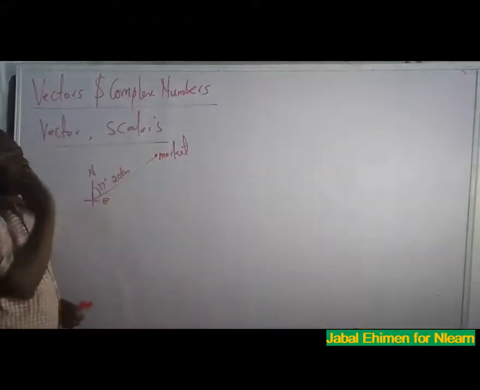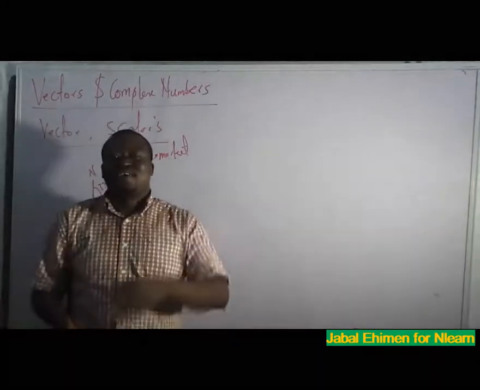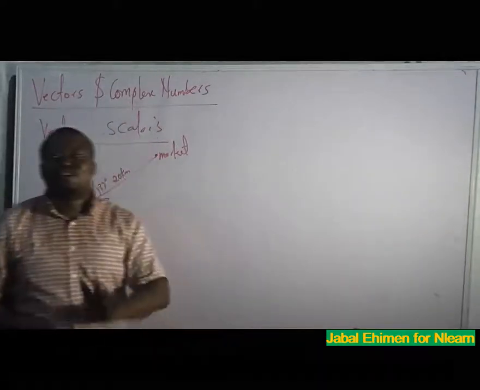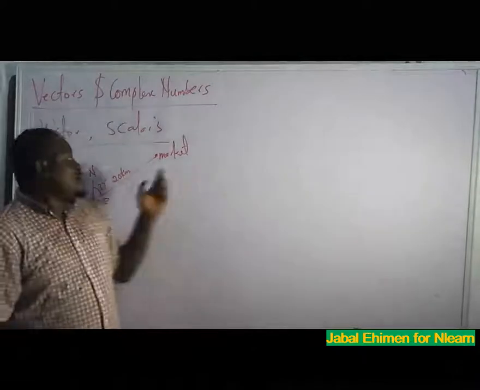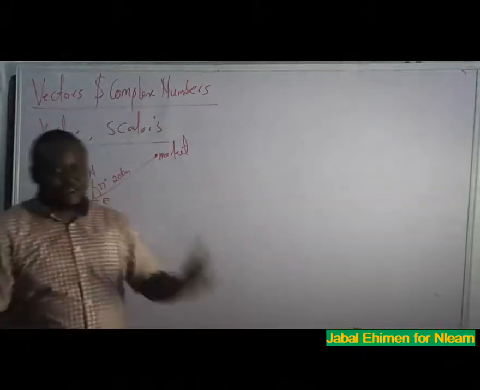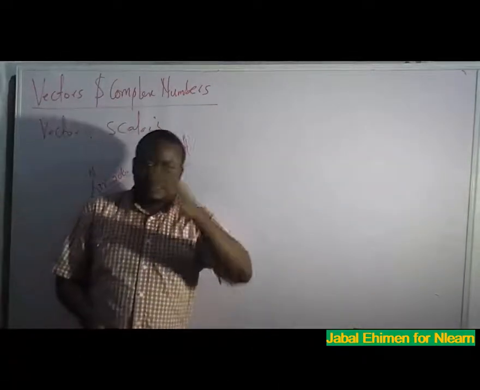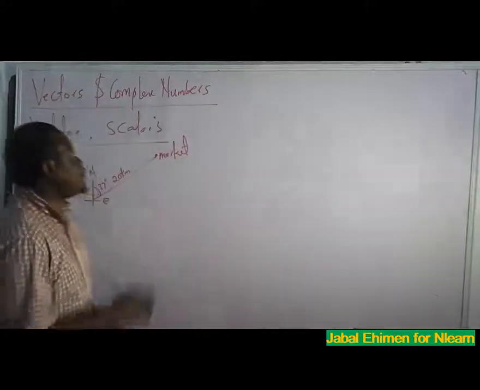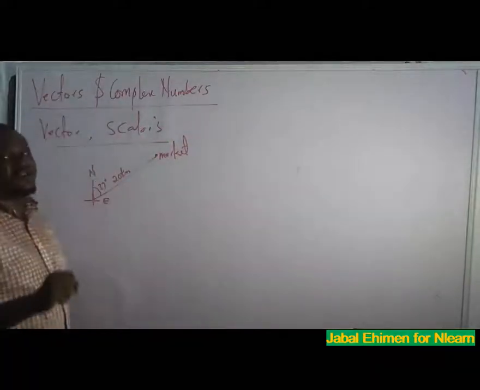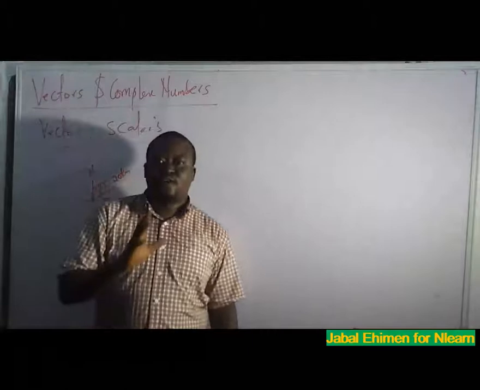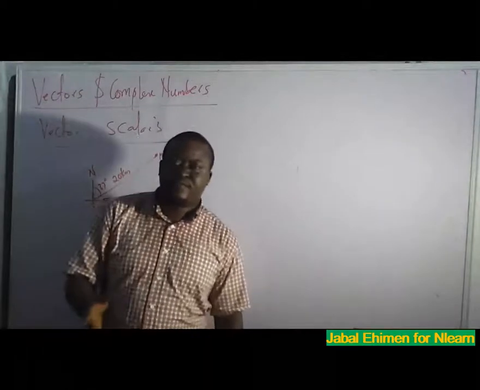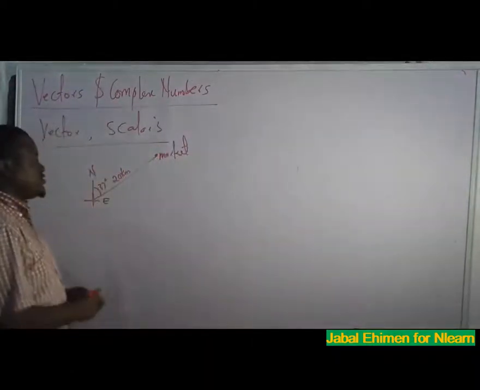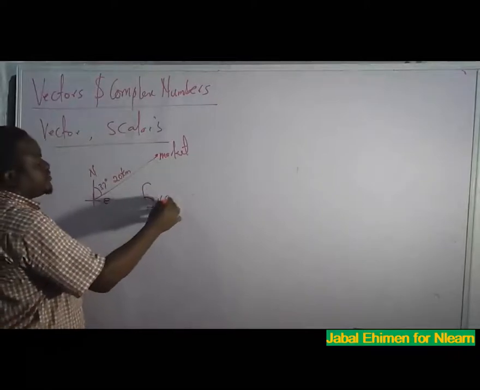That is now direction. So for scalar quantities we only consider magnitude. But when the direction is considered, it's now a vector quantity. So basically our class today will concentrate on vector quantities, examples of which are things like force. Force is a vector quantity.